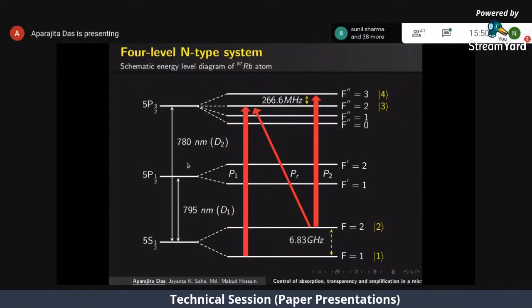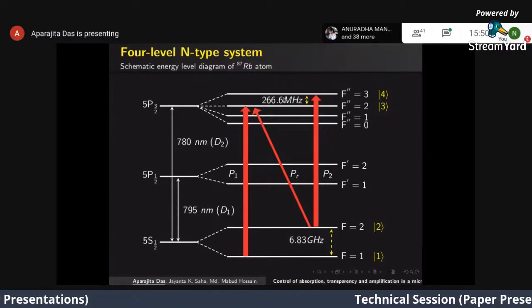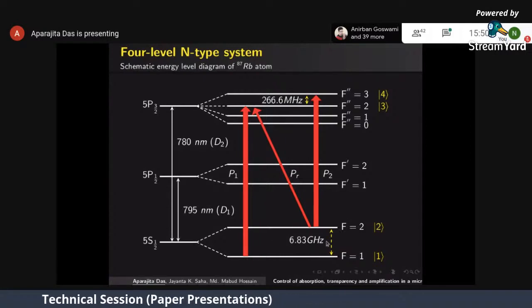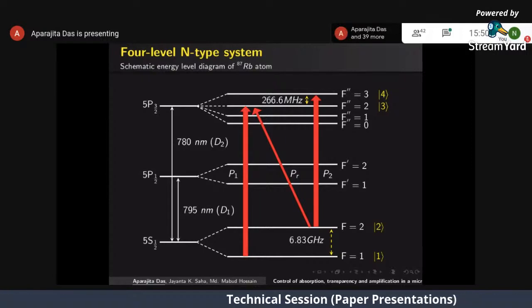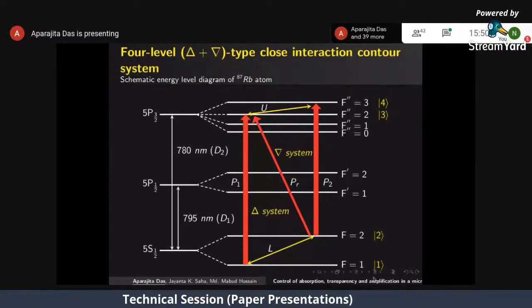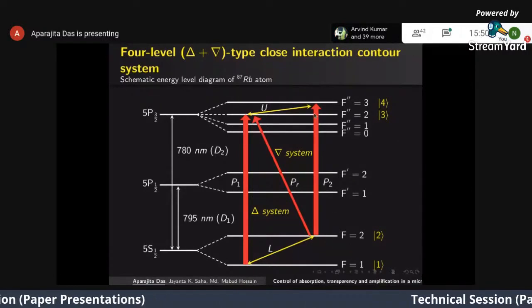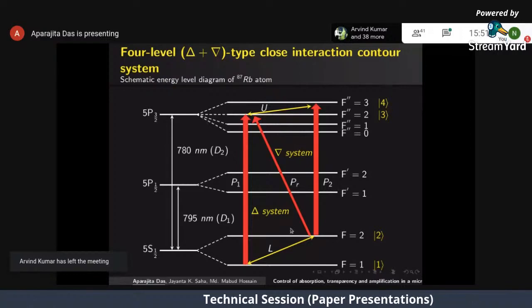Now, if you see the energy separations between the ground hyperfine levels as well as these excited hyperfine levels, these frequencies match the frequencies of microwave or radio frequency fields. So we can couple these two ground states as well as these two excited states by two microwave fields.